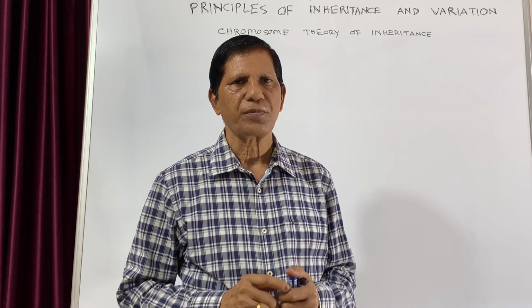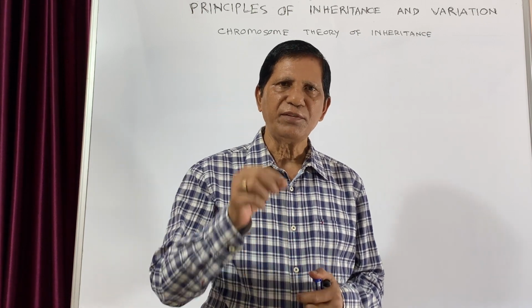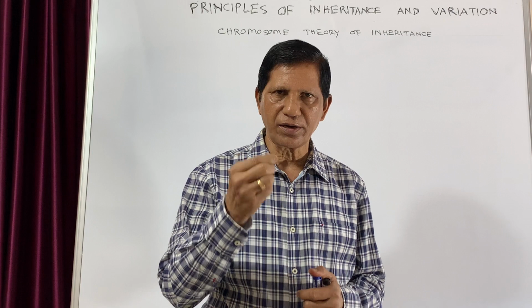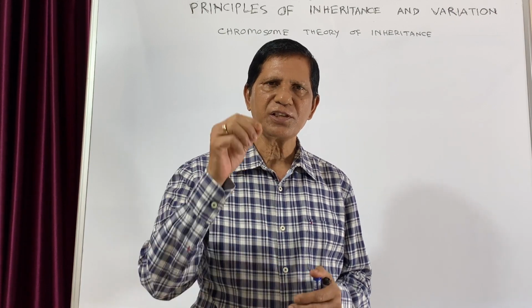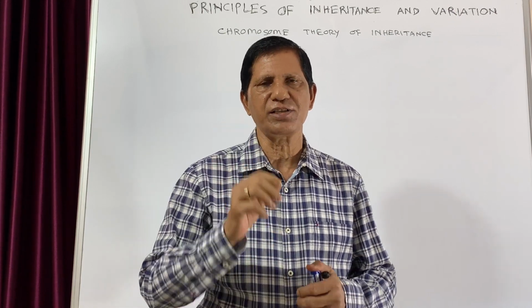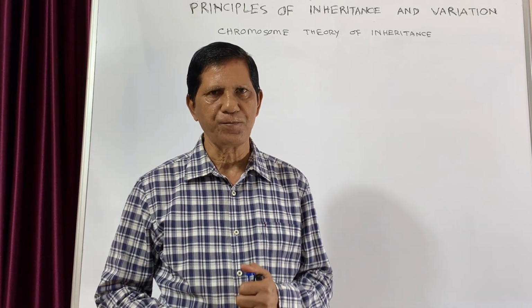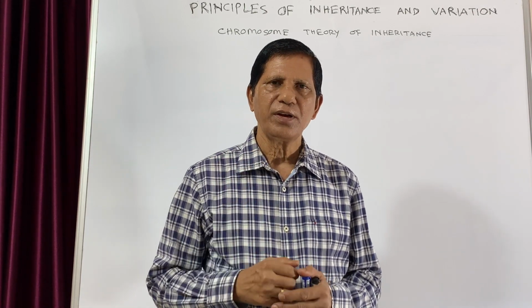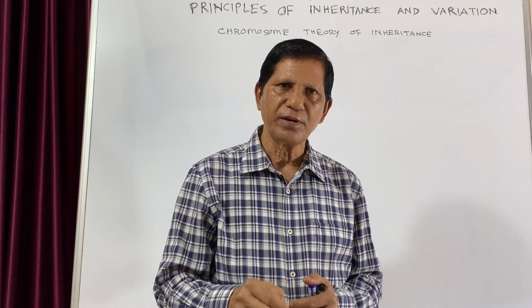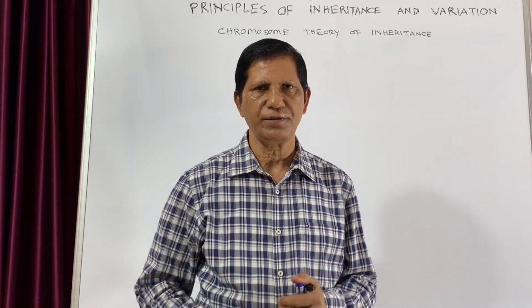Number two, he said that the factors, which nowadays we call genes, are stable discrete units. This was not acceptable to most of the scientists. Number three, there was no physical proof that factors actually exist.